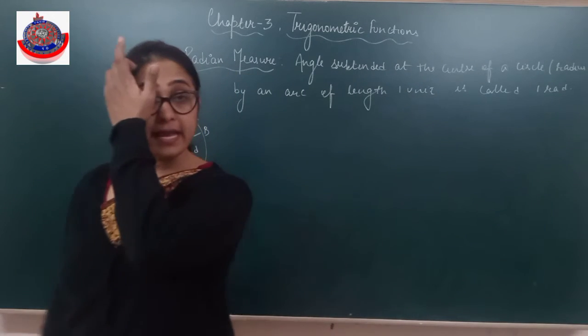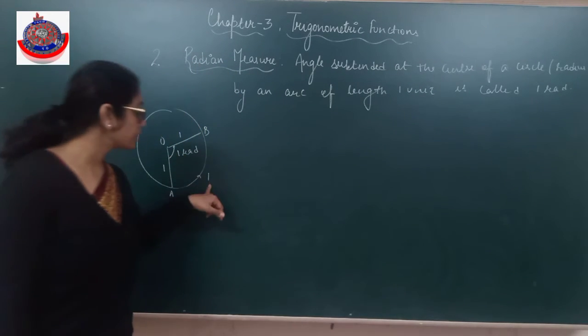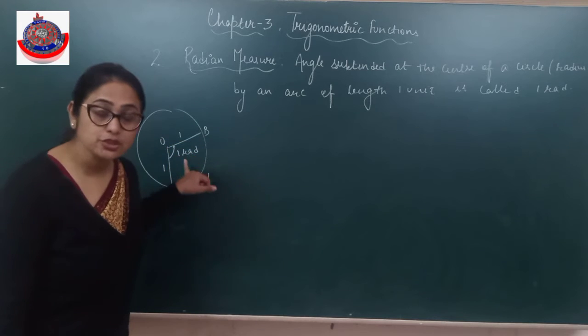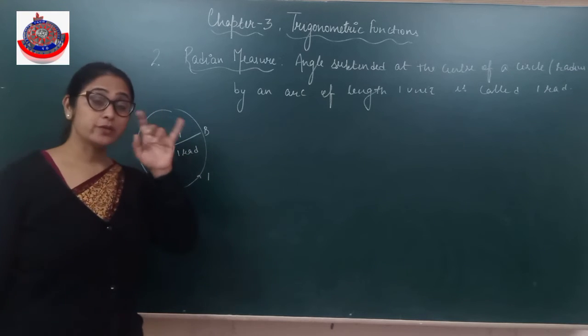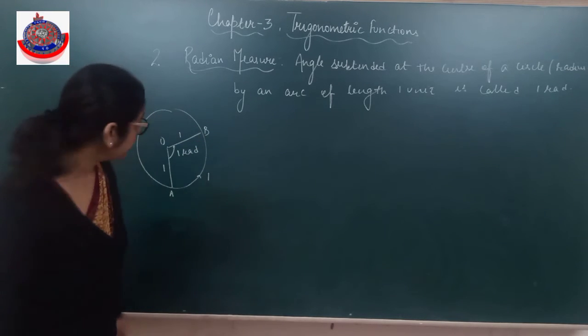The angle subtended by an arc of 1 unit at the center of a circle with radius 1 unit is equal to 1 radian.